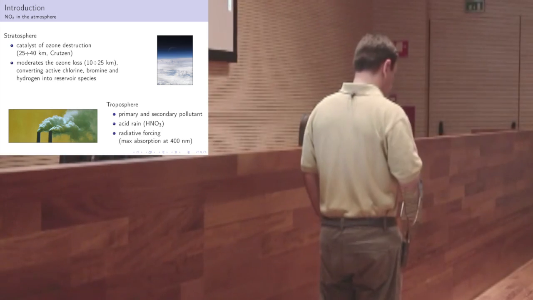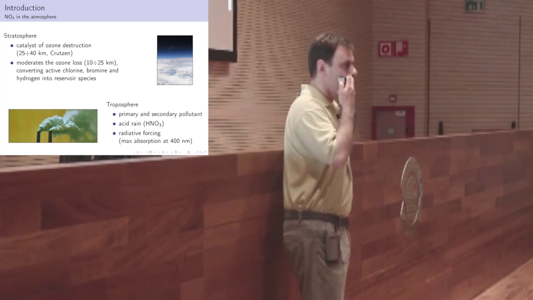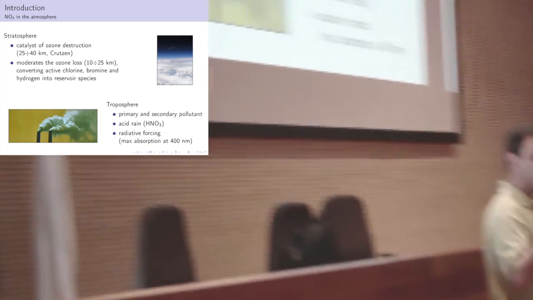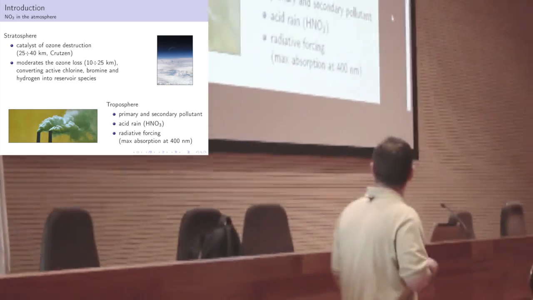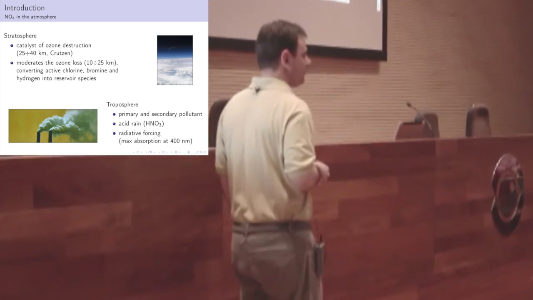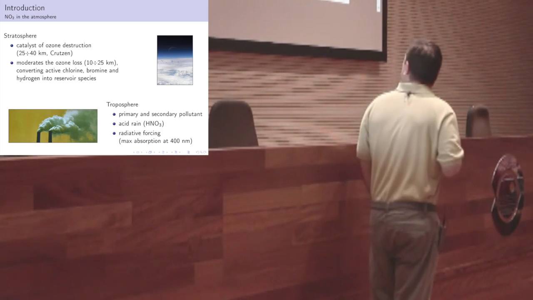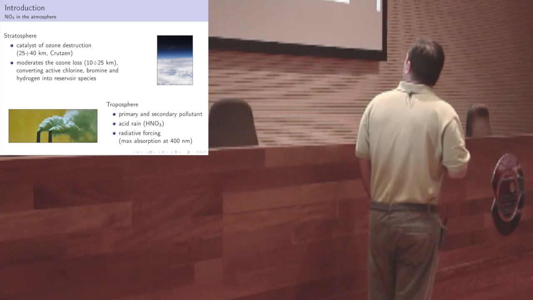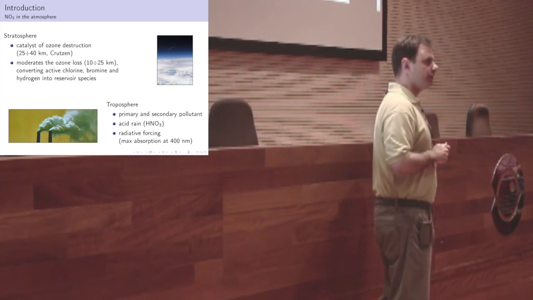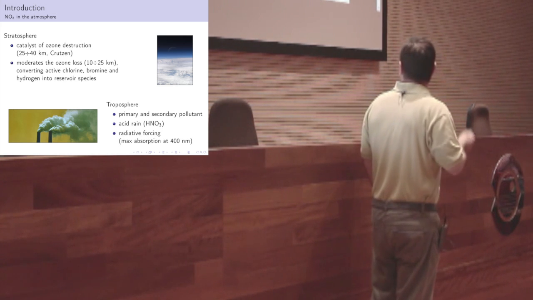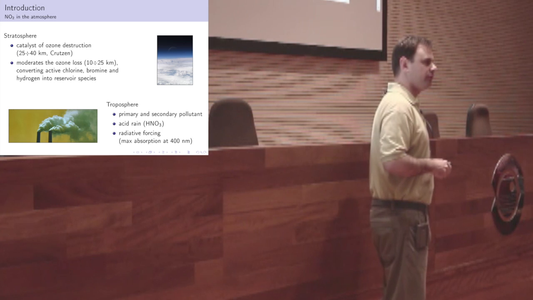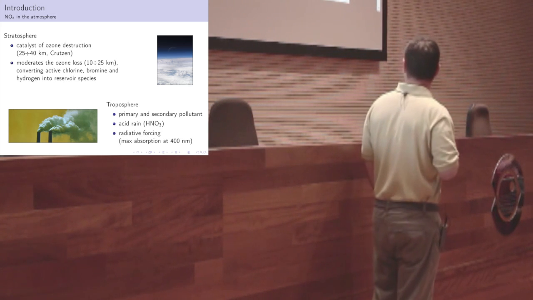So just a short introduction for those who are not familiar with nitrogen dioxide. It is a key component of our atmosphere, both in the stratosphere and in the troposphere. In the stratosphere, it is a catalyst of ozone destruction, and it also moderates the ozone loss at lower altitudes.